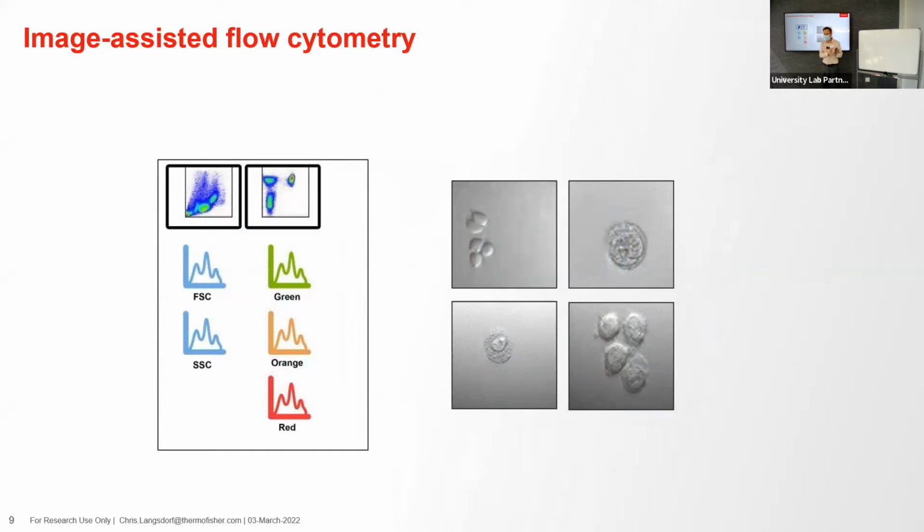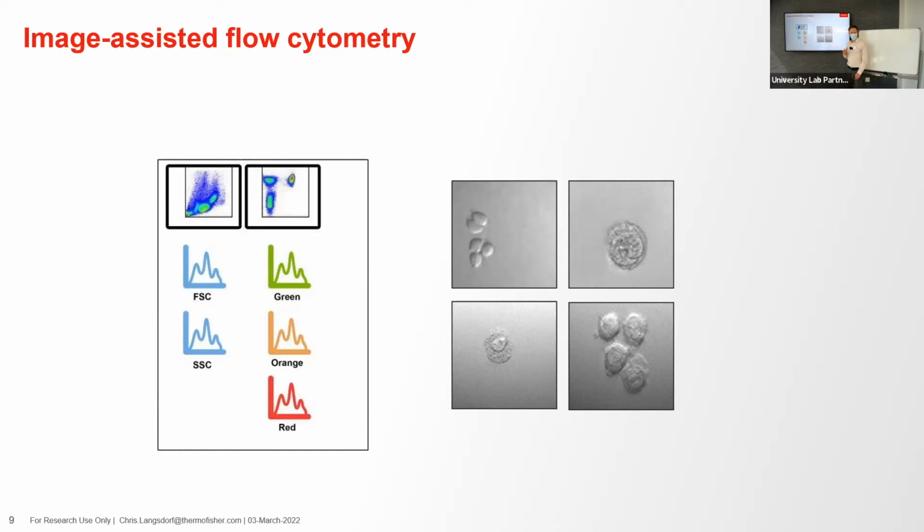Gate on my macrophages, what do they look like? And so you can see just those. You can also look at all 10,000 images, and if you find one interesting, you highlight it and it populates back onto all of your plots and shows you where it is. So you can see where this interesting thing lives. That part opens up a lot of possibilities.